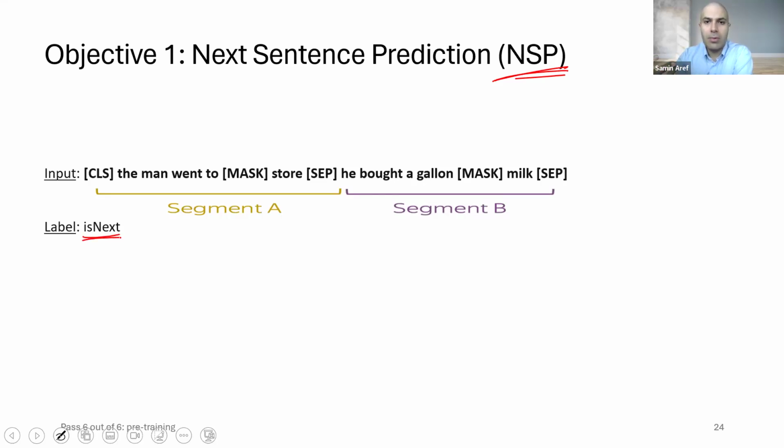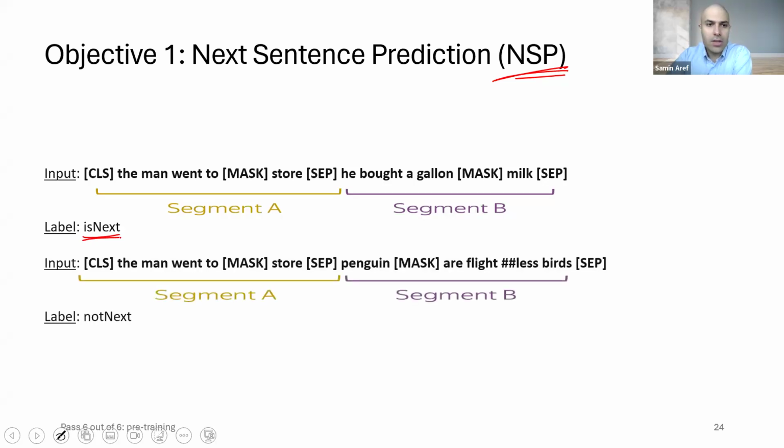This is essentially a binary classification task, and the name used for this class is "next". Here is another example: "The man went to [mask] store. Penguin [mask] are flightless birds."